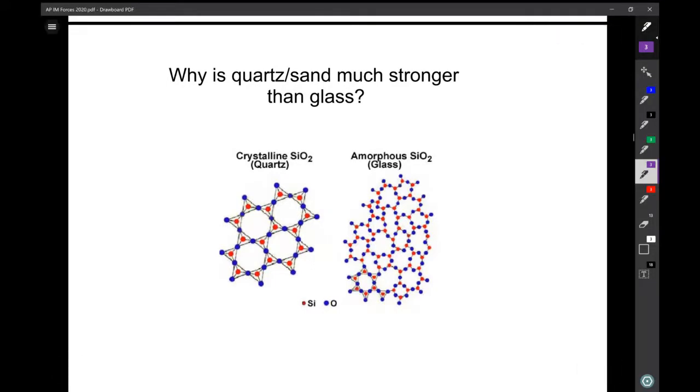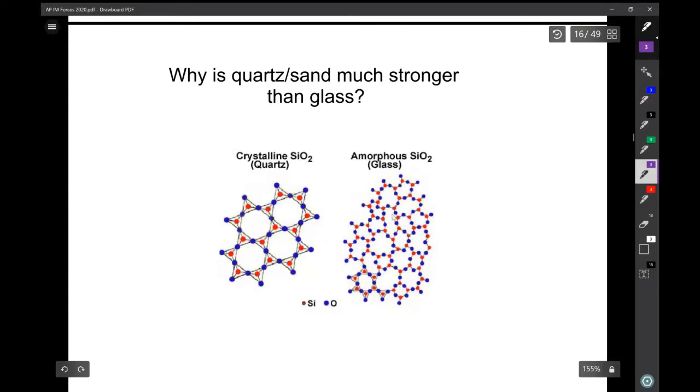Right. Now, why are quartz and sand much stronger than glass? Again, both of these are technically network solids. Why do you think quartz, which is on the left, is a lot stronger than the one on the right? If you look, this is a lot more ordered. This looks a lot more jumbled up.